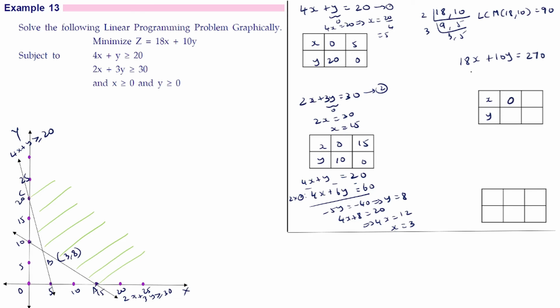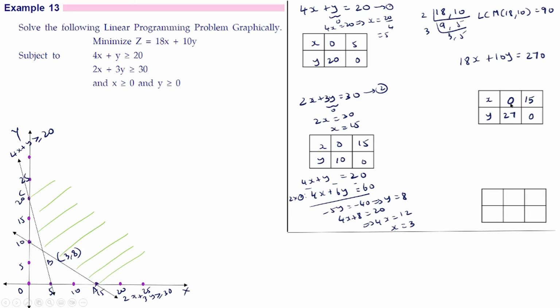So when x is 0, when this part is 0, we will have 10y equal to 270, or y will be equal to 270 by 10, which is 27. And then for the next point, let us take y as 0. If we take y as 0, we will have this term 0, then 18x equal to 270. So x will be 270 upon 18, which is 15.